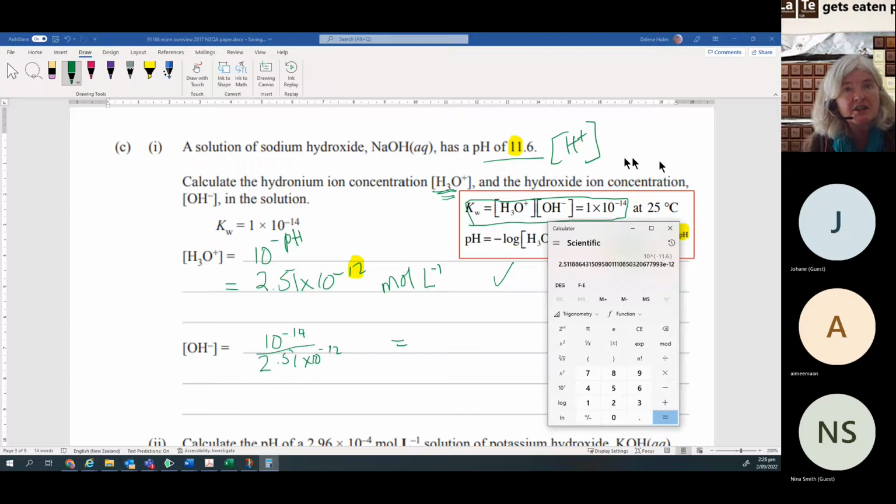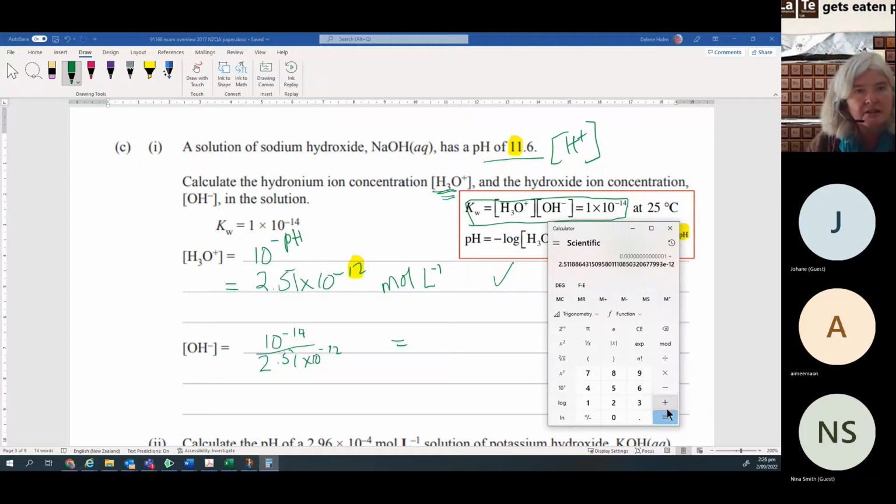if I'm losing anybody, just let me know and I'll try and explain it again. So I'm going to just put that into memory, and then I'm just going to go 1 exponential 14 negative, okay, so that's my 10 to the negative 14, divided by my recall memory, which is that big number. Notice how I've kept everything in my calculator.